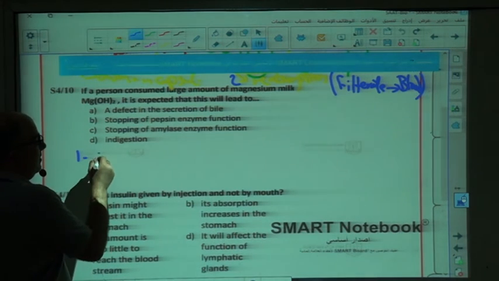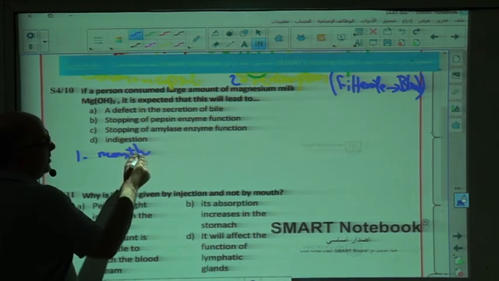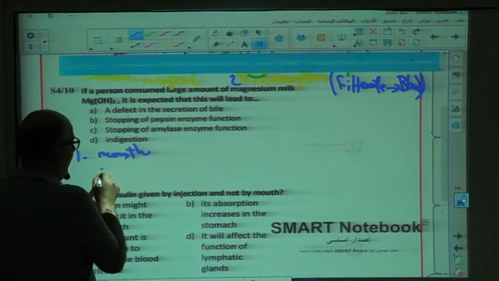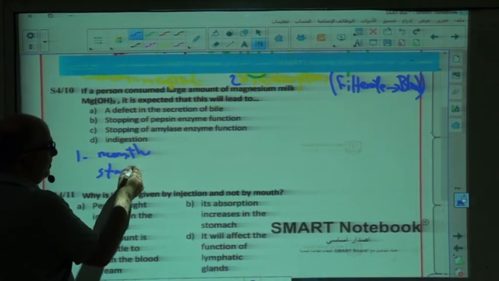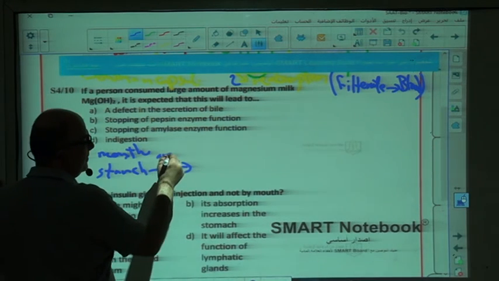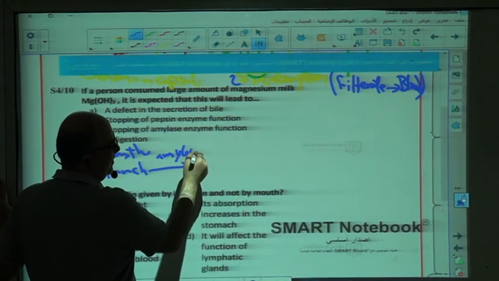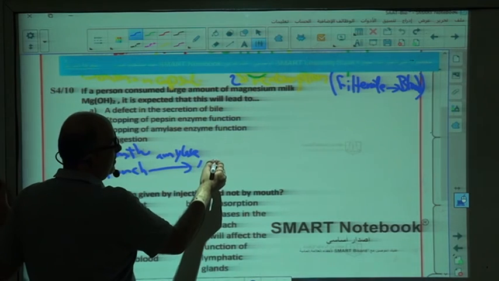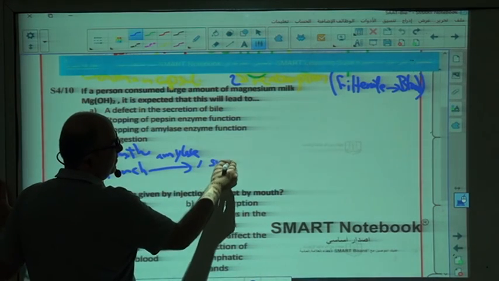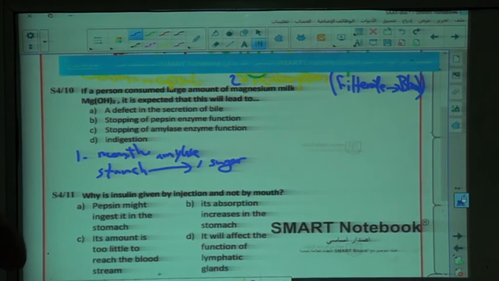In the mouth we have digestion, guys, of starch with the amylase enzyme to produce sugar. It gives me maltose. Okay guys? This is where, guys? In the mouth.